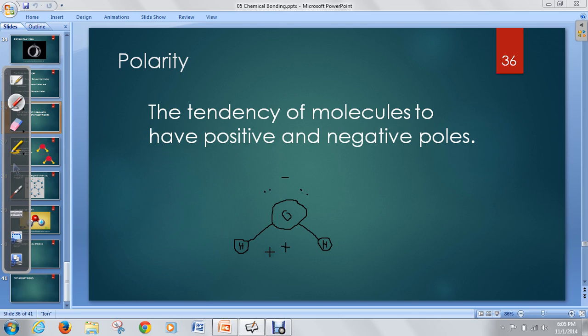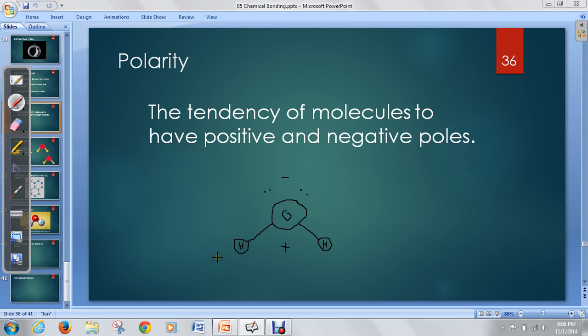Again, you can think of it like a magnet. Magnets have a north and south pole. Well, this molecule has a positive and negative pole. What that means is if I have two water molecules next to each other, they'll line up positive to negative and positive to negative, like two magnets would line up north to south and north to south.